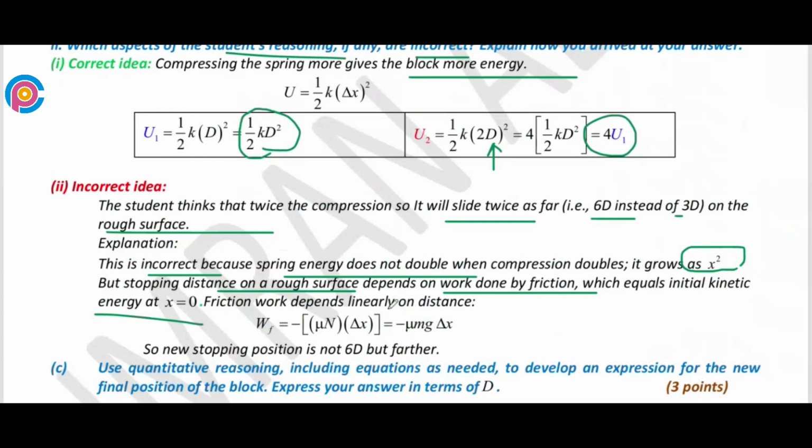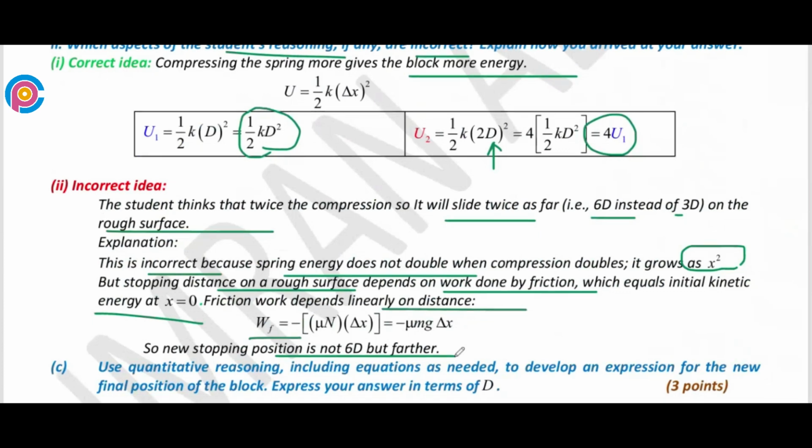So friction work depends linearly on distance. The work done by friction is negative, with μN the force and Δx the displacement, so minus μmg Δx. The new stopping position is not 6d but further, because it has more energy compared to the d case.